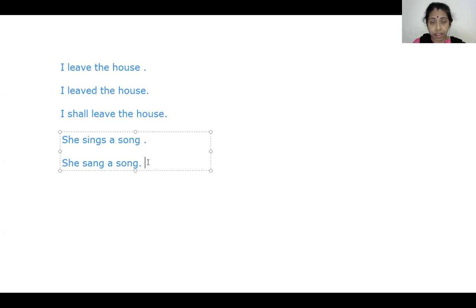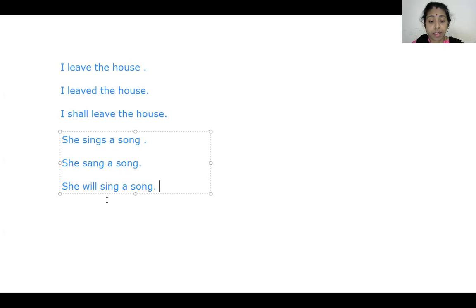Now, if I write the future tense of this word, how will it be? She will sing a song.